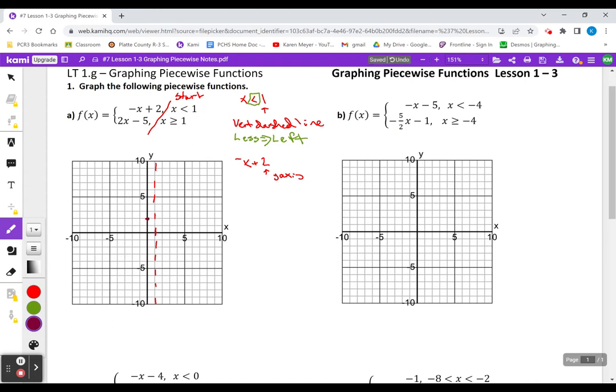My slope would be negative 1 over positive 1. Remember to only use the negative one time. So from this dot, I'm going to go down 1, right 1, down 1, right 1. And then as soon as I fill up my graph paper, I can also use my slope backwards. So backwards, I can go up 1 and left 1.